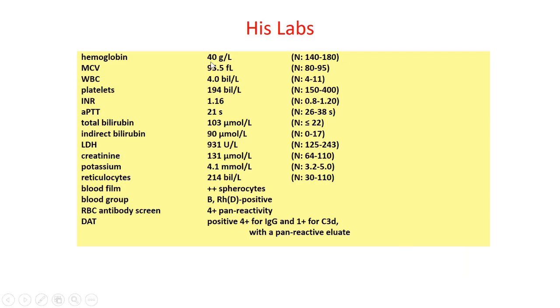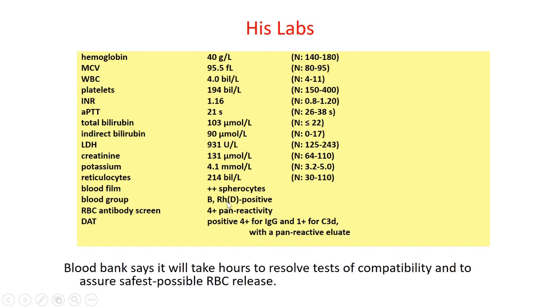So he's profoundly anemic with indirect hyperbilirubinemia, a high LD, reticulocytosis, spherocytes, and a pan-reactive screen on his group and screen. The reflex DAT also showing strong IgG reactivity, 4+ on that 4+ semi-quantitative scale, with 1+ reactivity for complement that appears to be getting fixed here. We make an eluate of whatever was binding to his red cells, and it appears pan-reactive.